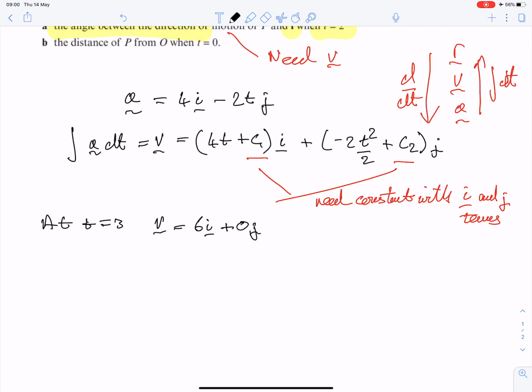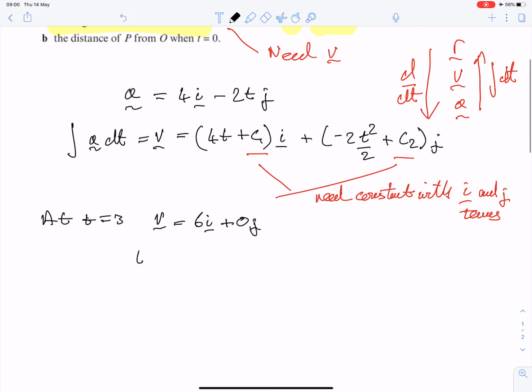So if we now look at our i component, we get 4t plus c1 is equal to 6. t is equal to 3, so we've got 4 lots of 3 plus c1 equals 6, so c1 equals negative 6.